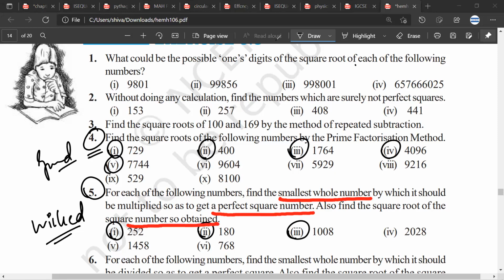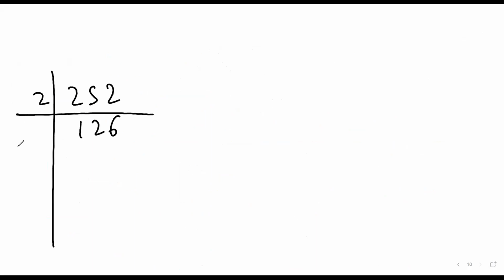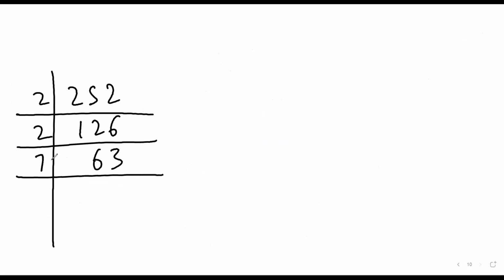So, let us try to understand this. The first number is 252. Mr. Arman, were you able to do this question? I could only finish the first. Okay, this part is easy.